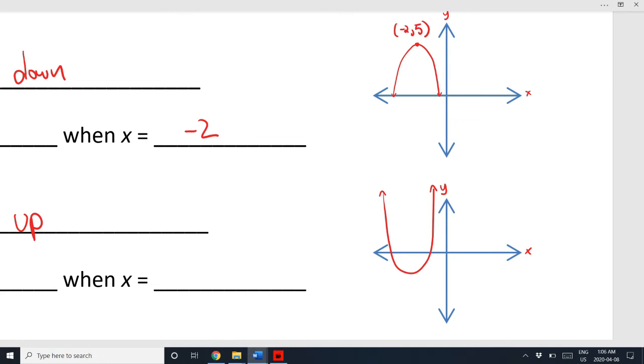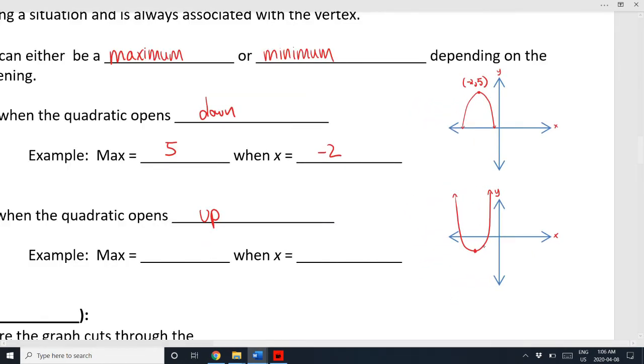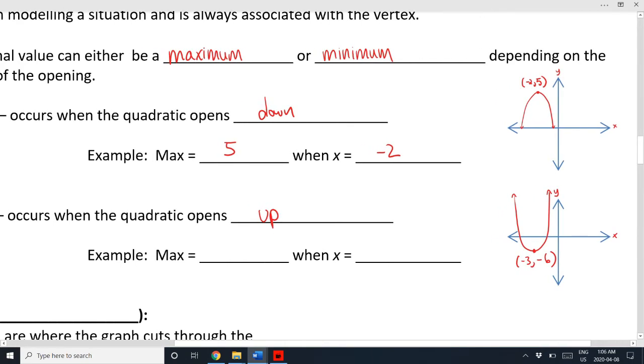The lowest point here would be our optimal value. In this case, it would be a minimum. And if we gave it the value of perhaps (-3, -6), this is just an example, this could be our minimum value. So it's going to be our y value here. So it's going to be -6 when x is equal to -3.